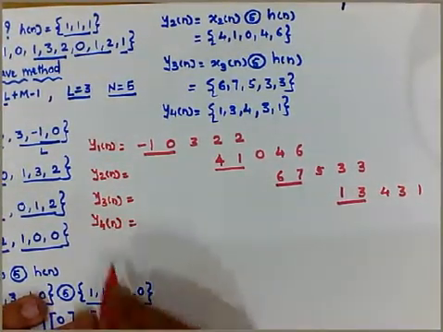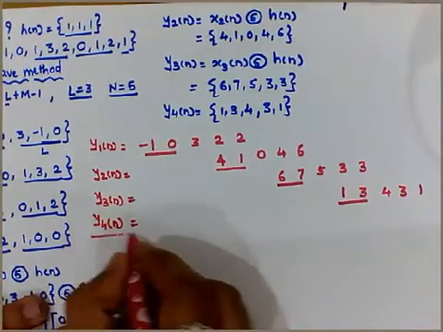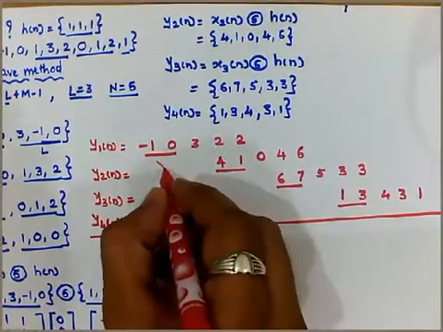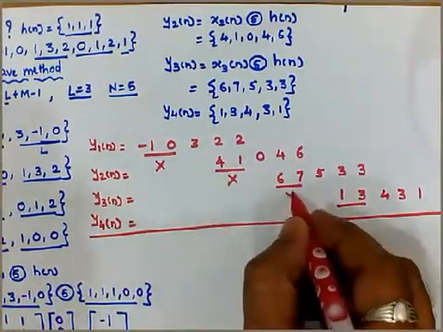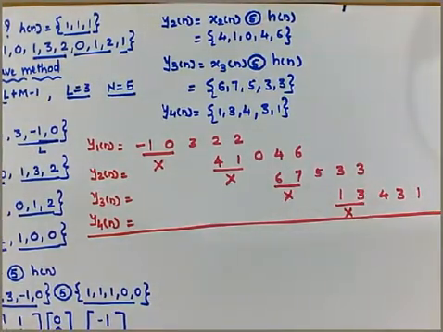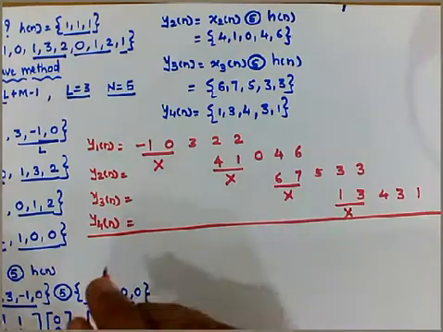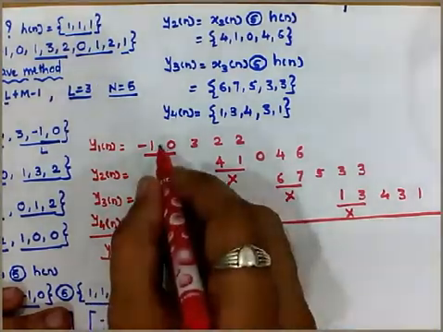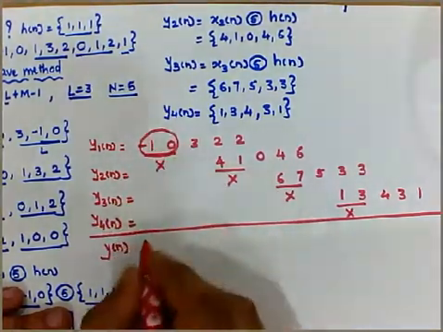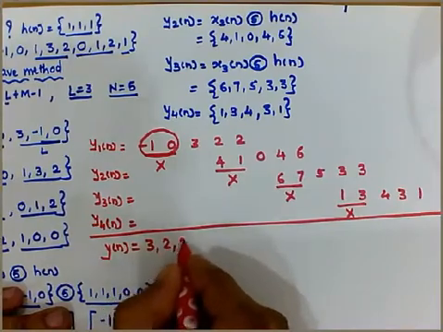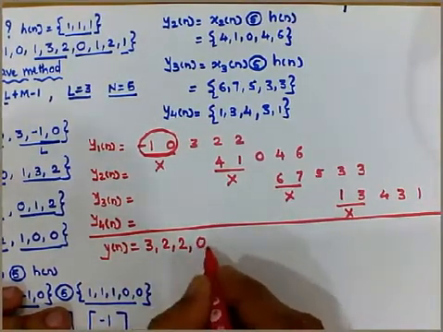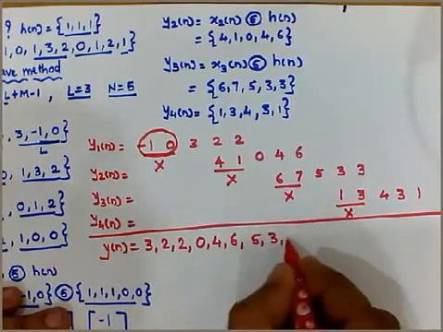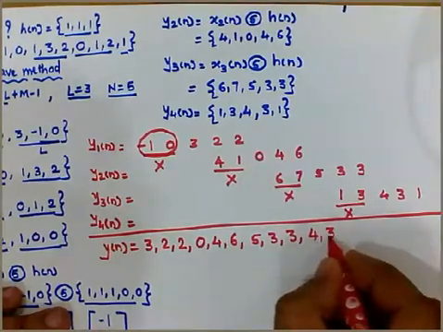Now as we know, y of n is the combined effect of all these y1, y2, y3 and y4. Therefore we need to discard these M minus 1 appended values from each of y1, y2, y3 and y4. So the resultant sequence which we will get for y of n after discarding minus 1 0 will be 3 2 2, then 0 4 6, then 5 3 3 4 3 1.